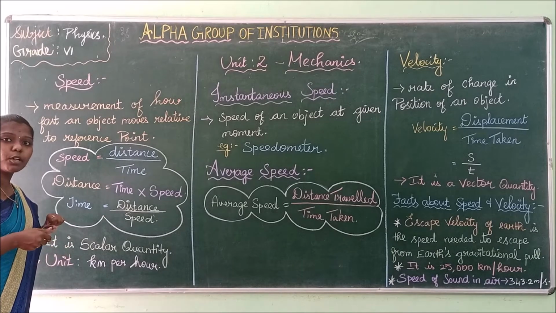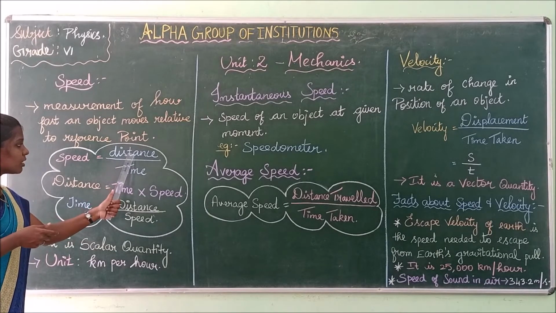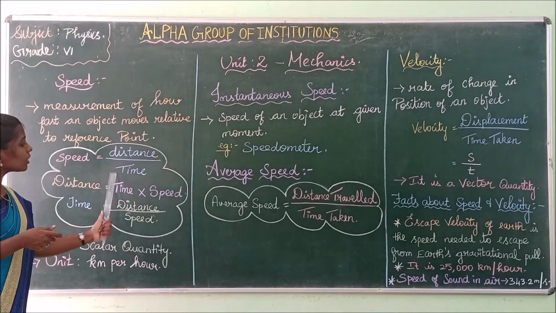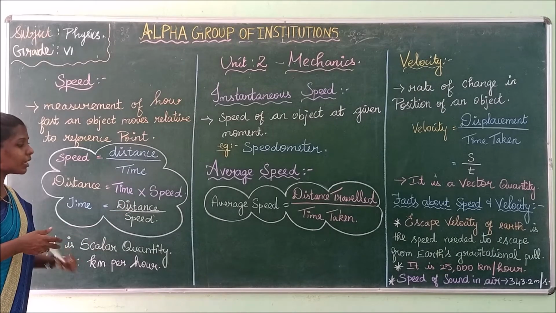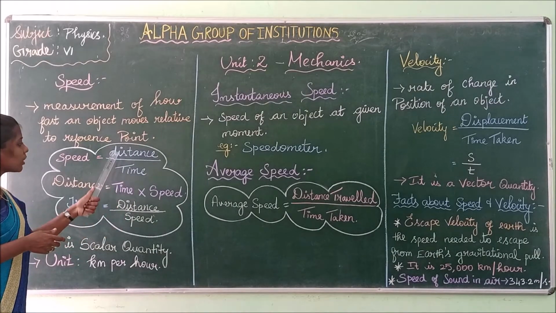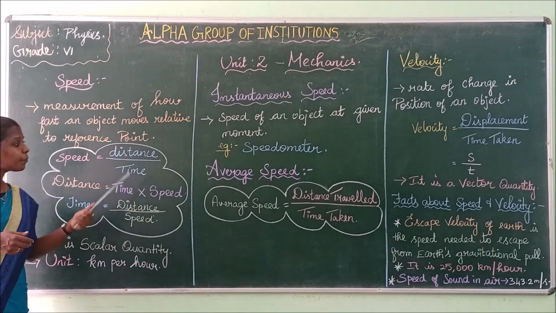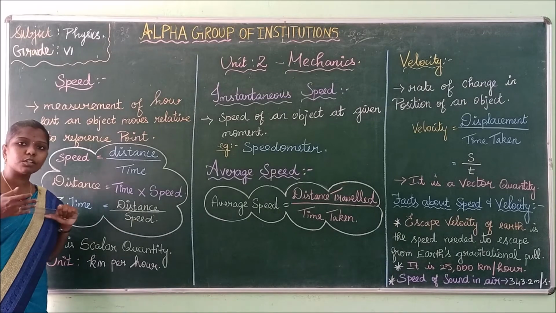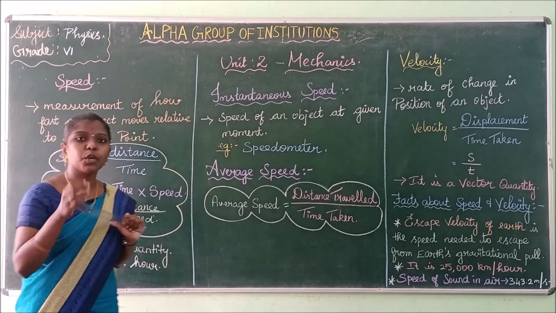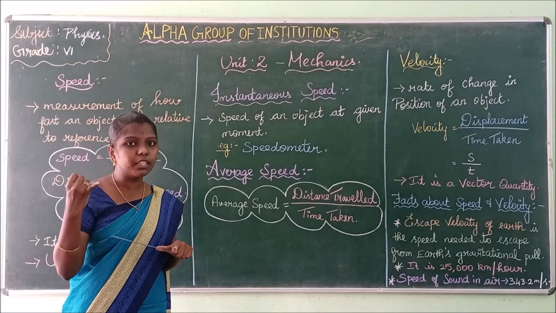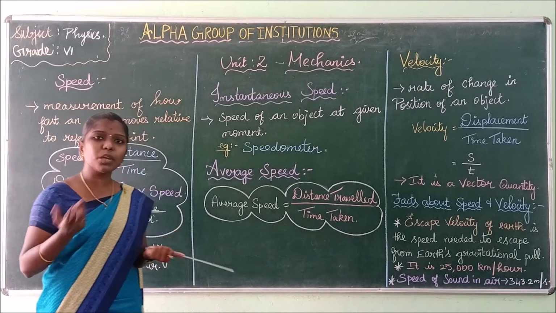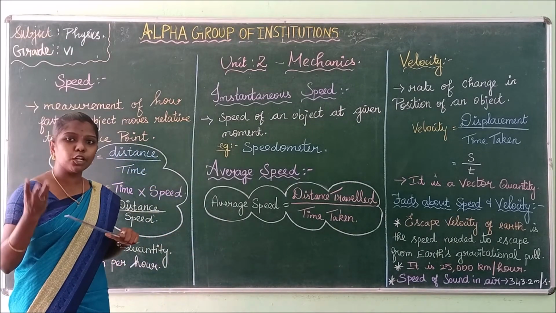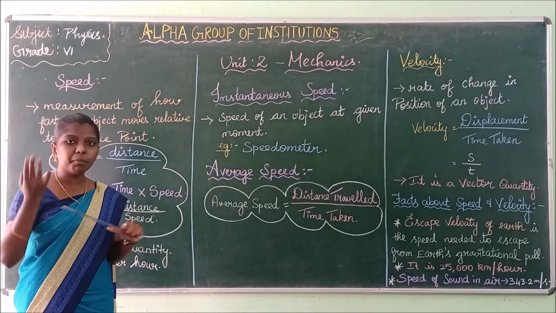What is the unit for distance? The unit of distance is meter. What is the unit of time? Unit of time is second. What are the various units of time we have seen? Minutes, hours. What are the various units of distance? Kilometer, meter, millimeter.